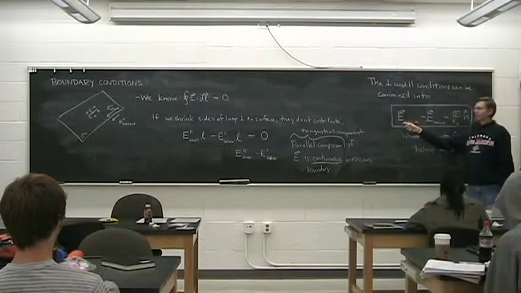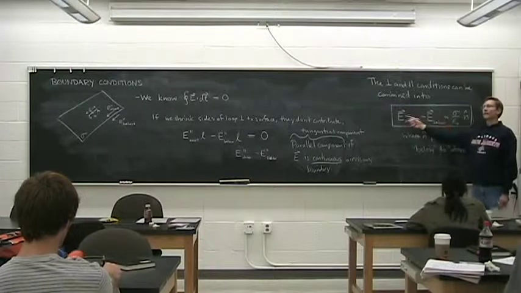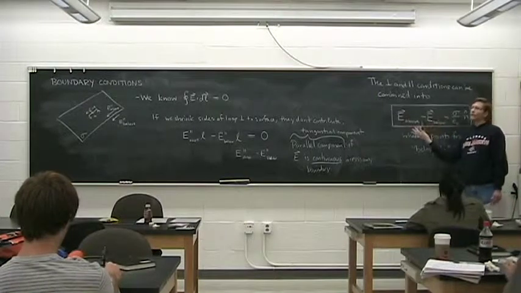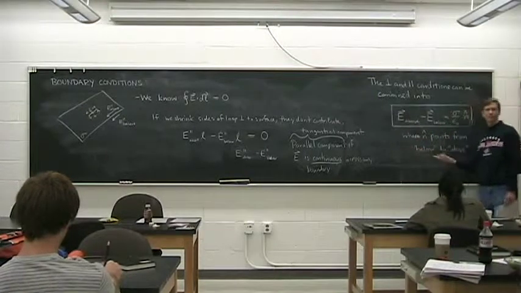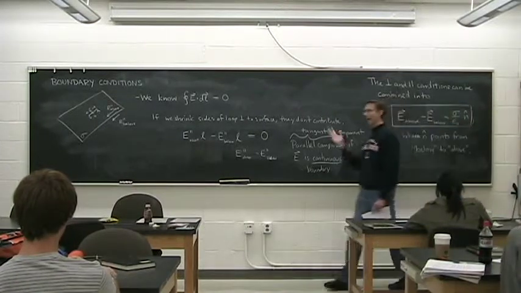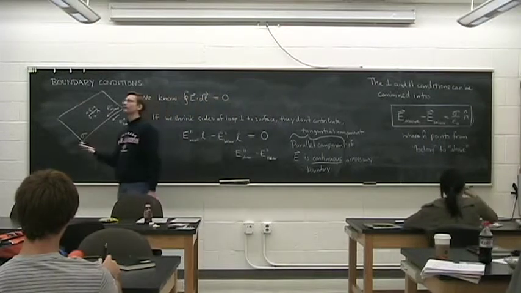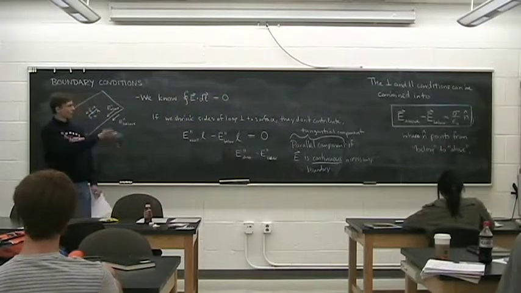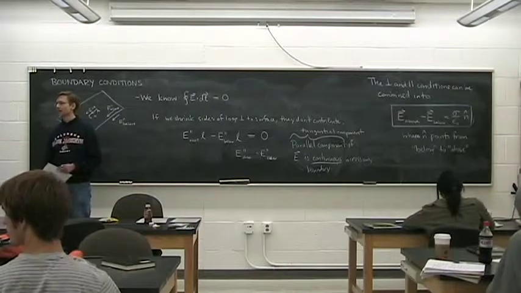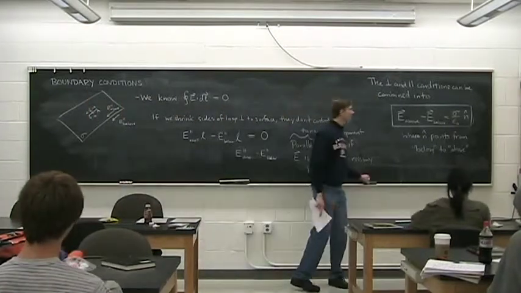But changing the definition would also change the order of these two vectors in the subtraction, which would flip their sign too. So as long as you pick a direction for n hat, say this is below and this is above, and be consistent with it, you won't go wrong. It'll give you the right result. So this is a perfectly objective statement of what's going on.